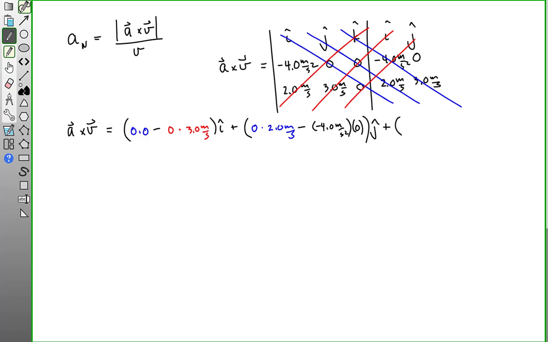And for the z component, we have minus 4.0 meters per second squared times 3.0 meters per second minus 0 times 2.0 meters per second.